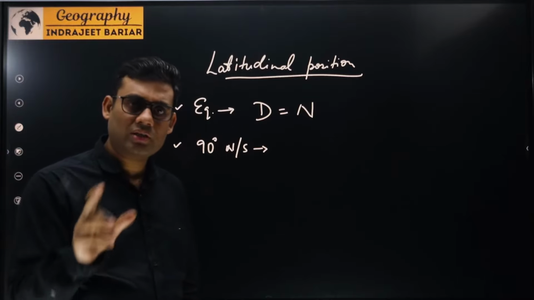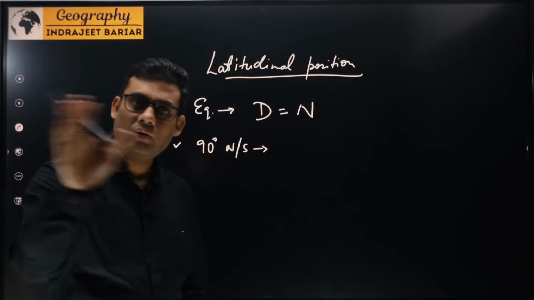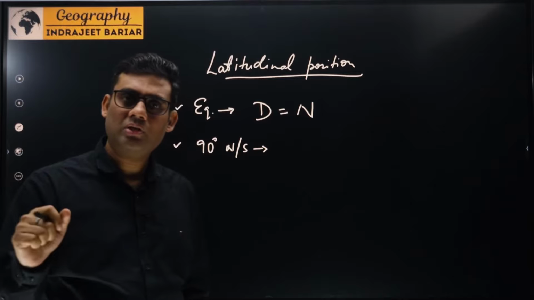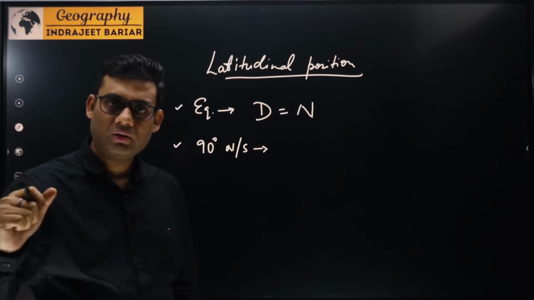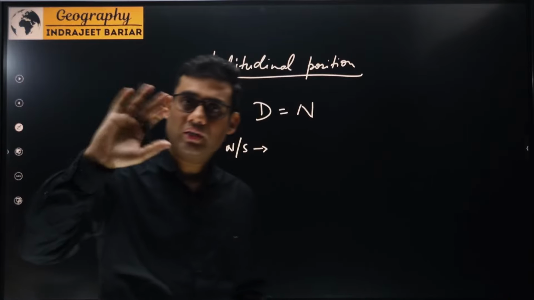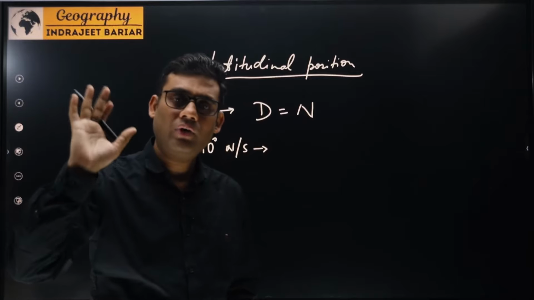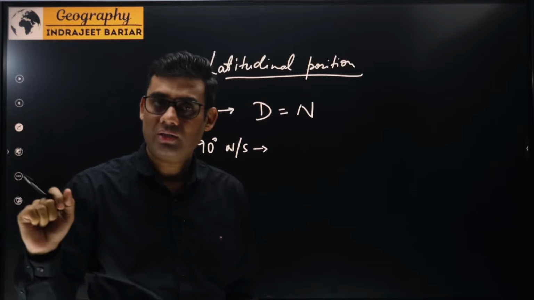Which means during summers, what is the length of daytime? 24 hours. During the winters, the daytime is how much? 0 hours. 24 hours is night. So here the seasonal differences with respect to the length of day and night definitely are impacted, but not seasonal variation as such.